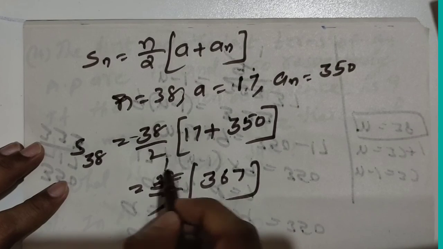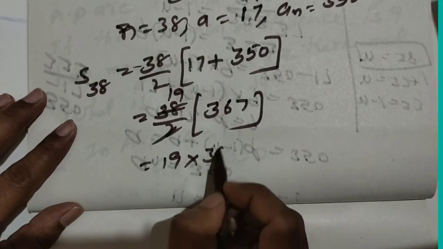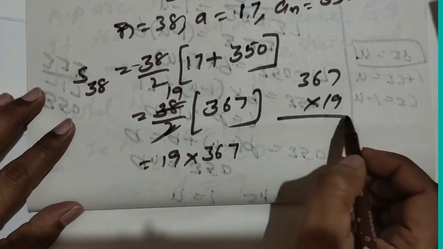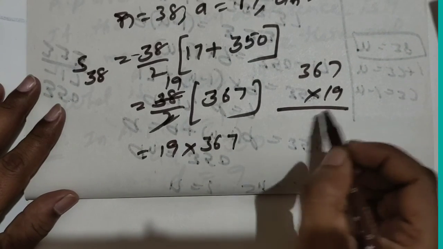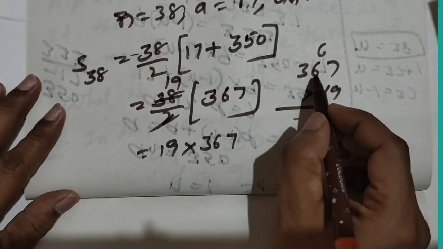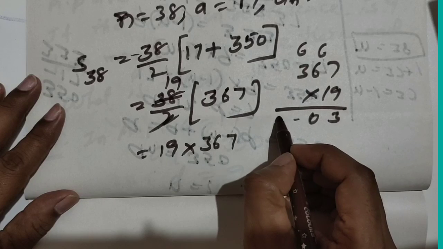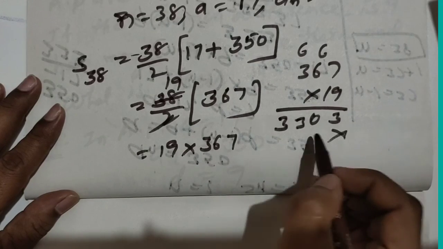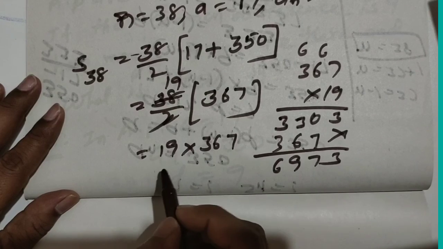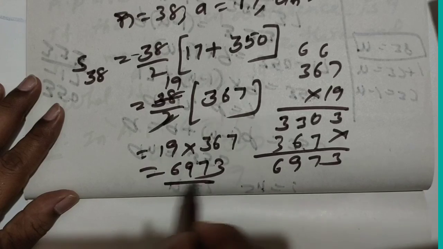Now cancel it out. We get simply 19 into 367. By the 9 table we get 63, 54, 60. Simply you can write it as 6973. Okay, which is very important.